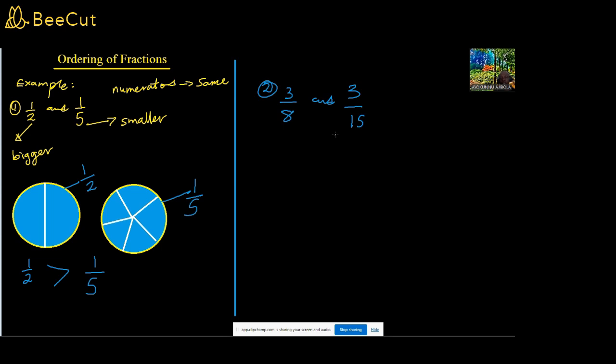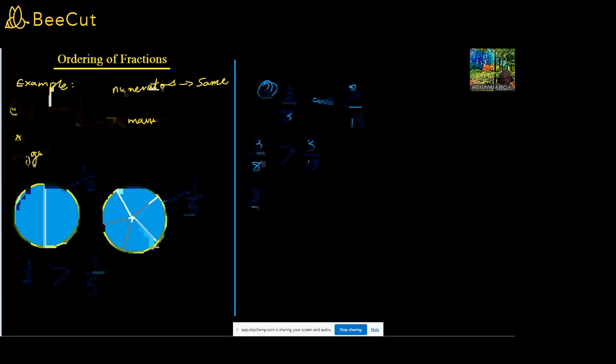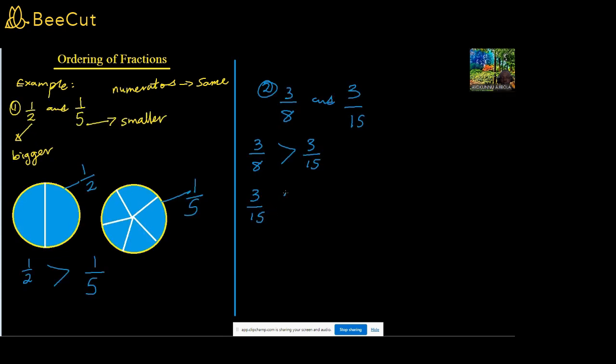So which one is the bigger fraction? 3/8, because it's the one with the smaller denominator. So 3 over 8 is bigger than 3 over 15, or we can say 3 over 15 is less than 3 over 8. Is that clear? Yes, sir.